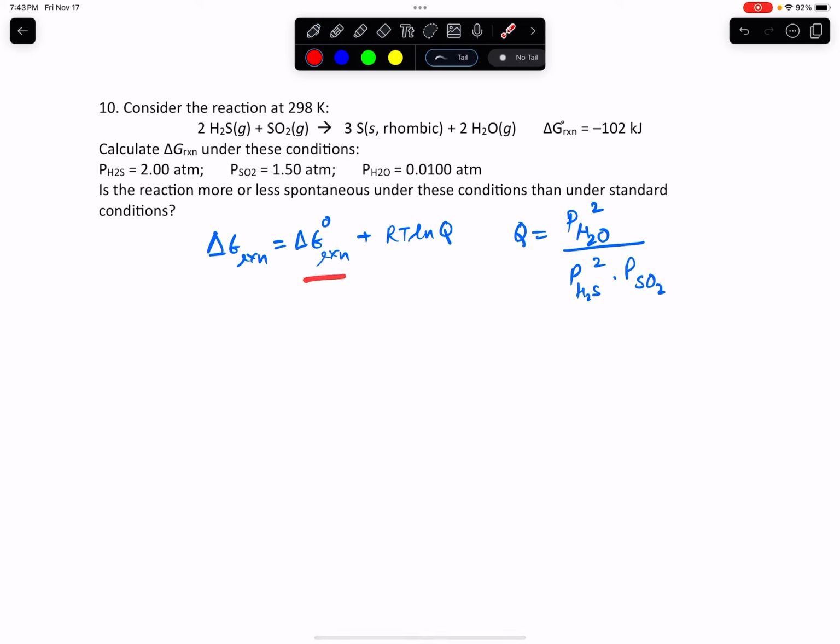Since delta G naught of the reaction is already given to us, let's put all those things together. So we have minus 102 kilojoules per mole plus R, which is 8.314, the ideal gas constant, joules per Kelvin per mole, times the temperature.